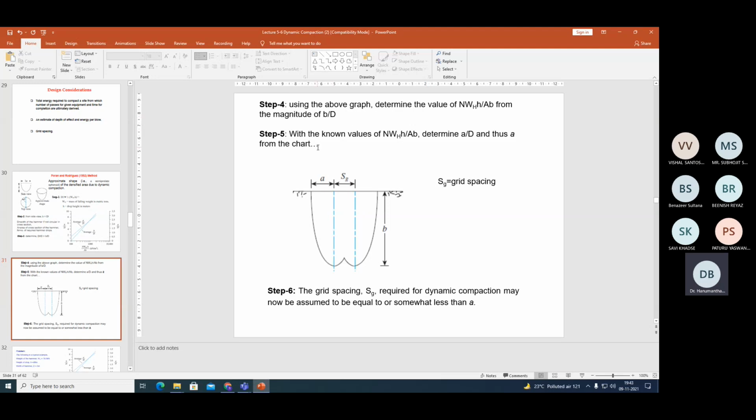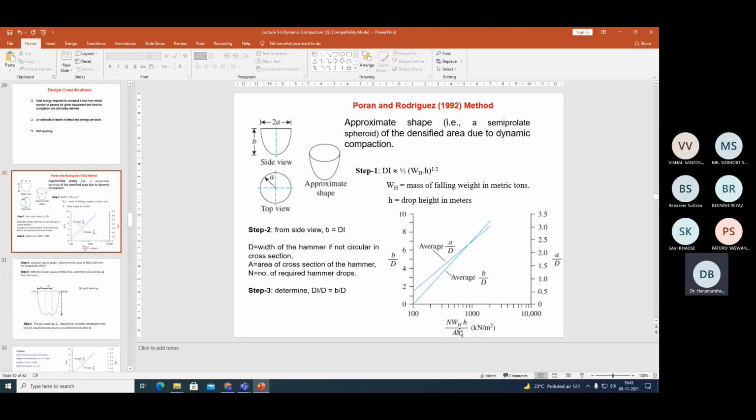Step number 5, with the known values of the NWH by AB, determine A by D from the chart. Now once this value is known, now we need to adjust. Suppose if you look at this equation, I know the W, I know the H, I know the cross section, I know the B. In this NWH by AB, the only unknown is N, that is the number of drops.